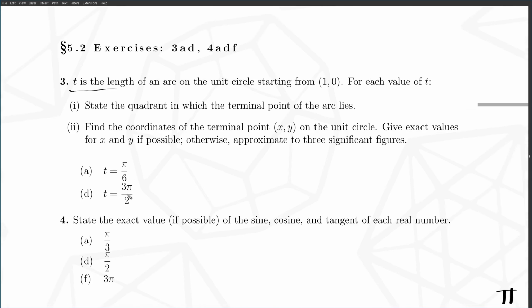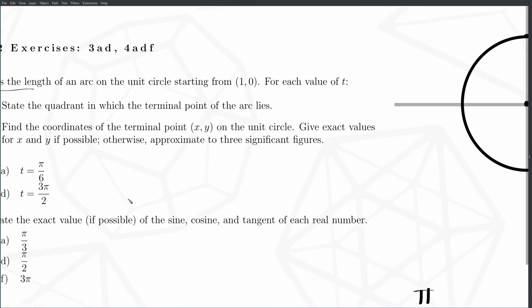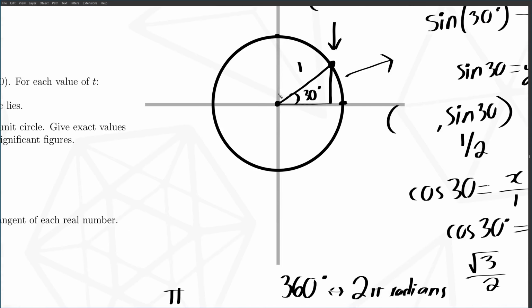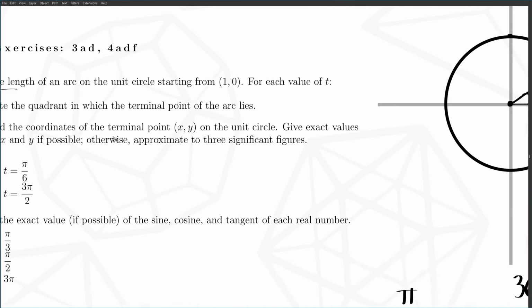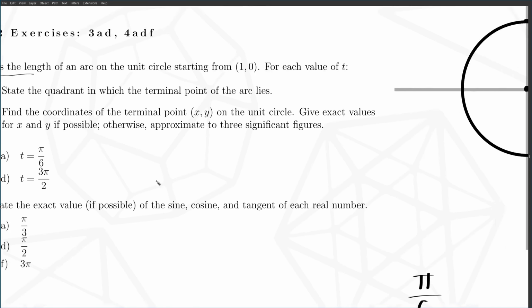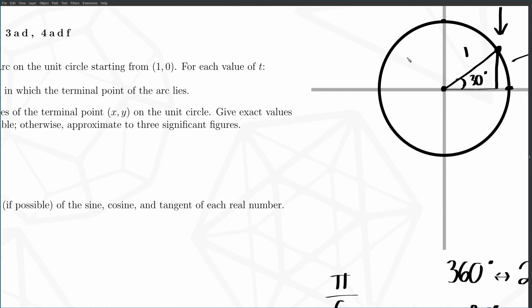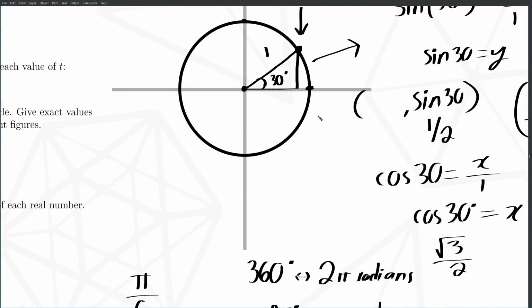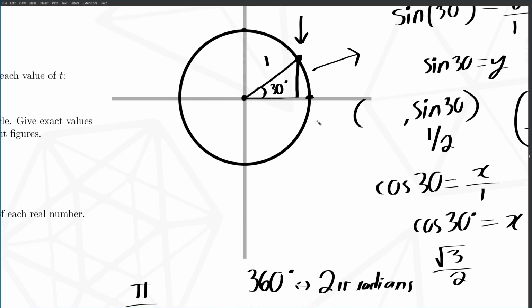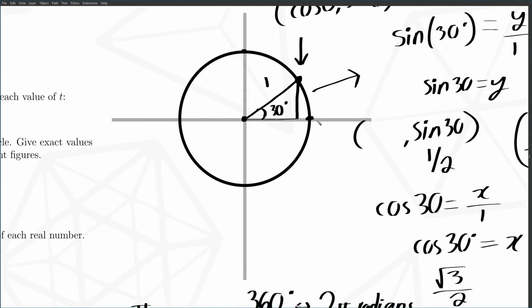Let's see what to do with 3 pi over 2. Okay, and notice here that the angle is counterclockwise from the circle. So for these weird angles, we're just going to do that same rotation, even if it looks strange. Okay, so let's draw that. Obviously if we just went here, it's going to be 90.